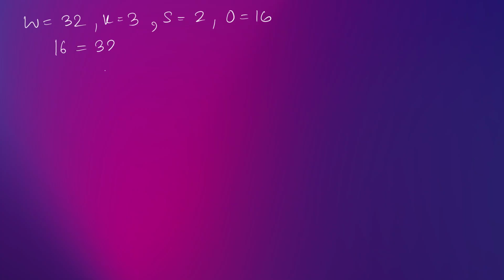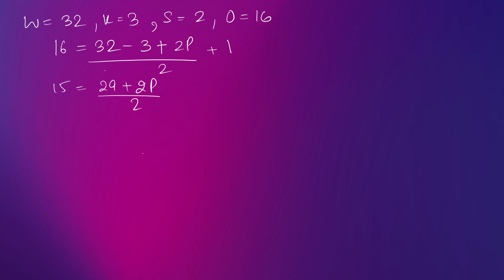16 is equal to 32 minus 3 plus 2p upon 2, plus 1. On solving it, this will be 15 is equal to 29 plus 2p upon 2. So this gives 30 is equal to 29 plus 2p. P is equal to 0.5.